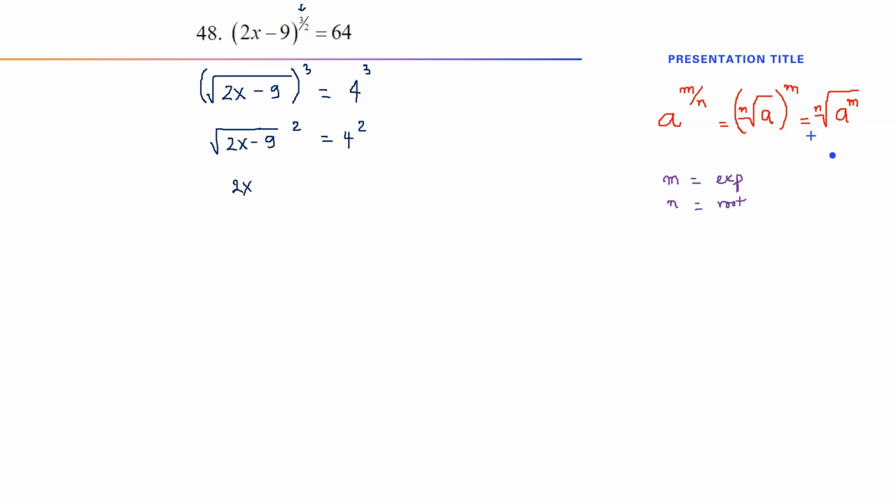I have 2x minus 9 equals 16, so 2x equals 25, and x equals 25 divided by 2. The hidden step: we add 9 to both sides, then we divide by 2 on both sides.